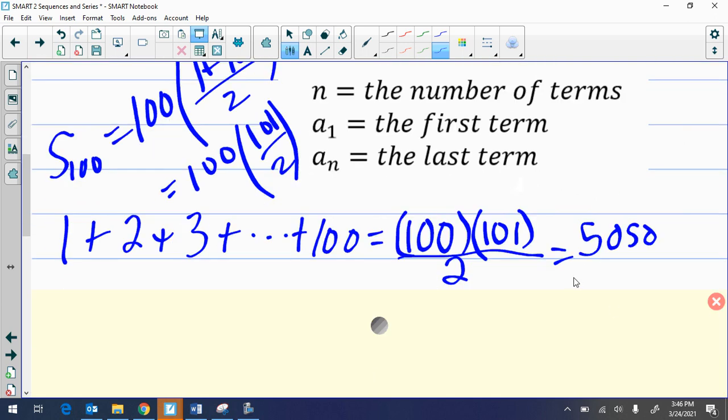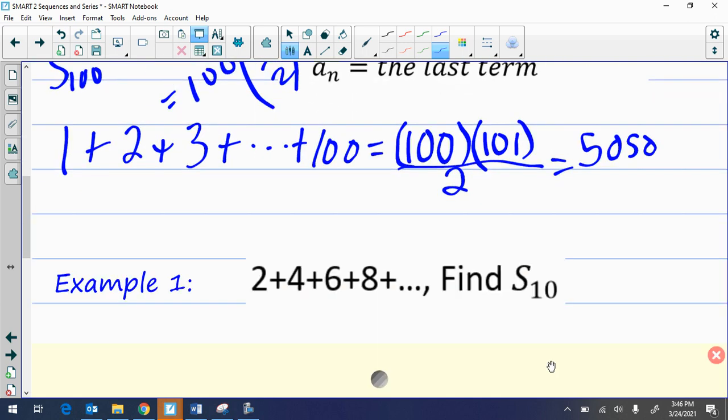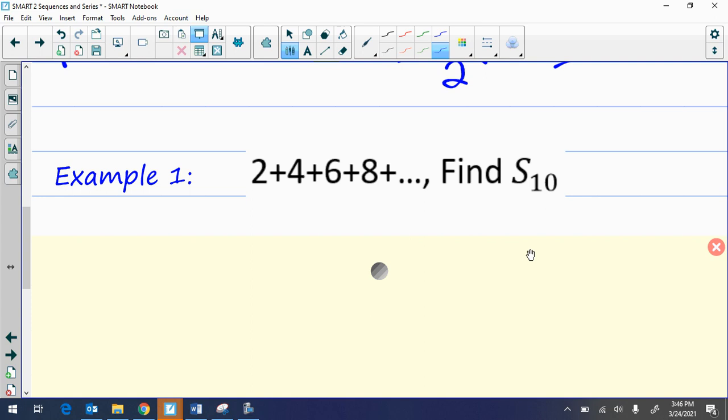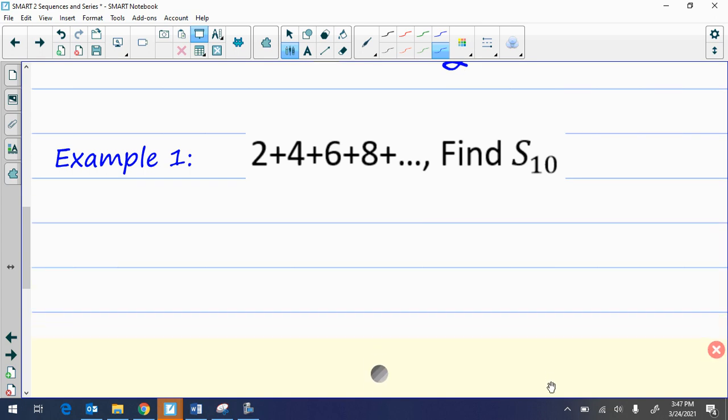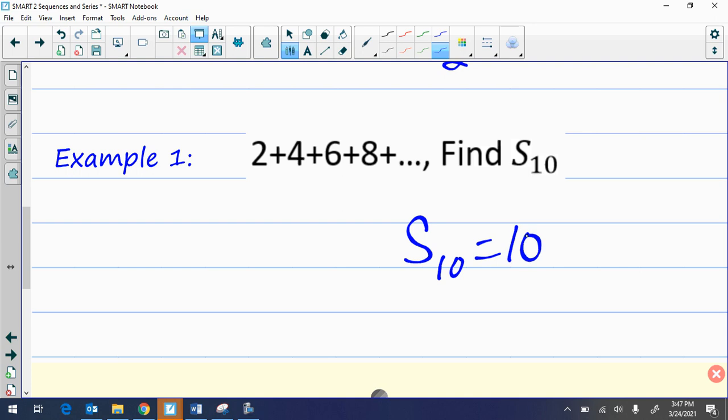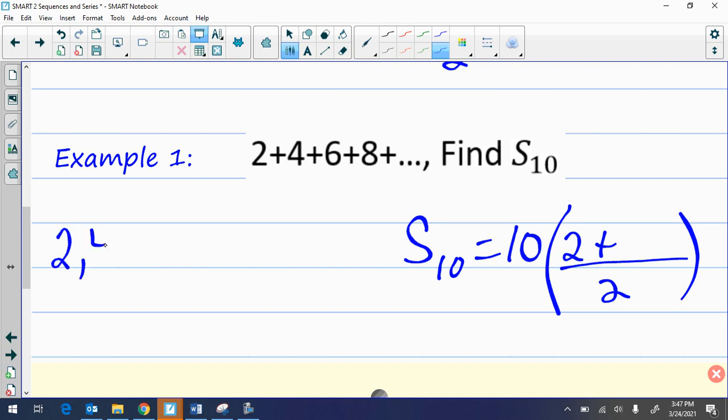So the formula does work for very much the exact reason that it worked for Gauss. We're not going to prove it, but we are going to use it. Okay, example 1. We are going to find 2 plus 4 plus 6 plus 8 plus ... and we're going to go to S sub 10. So it's going to be n times, I know a sub 1, I don't know a sub n yet. So I need to continue until I get to that 10th term.